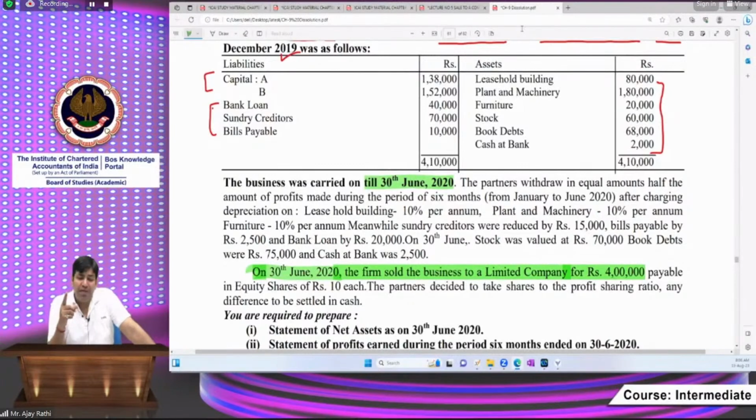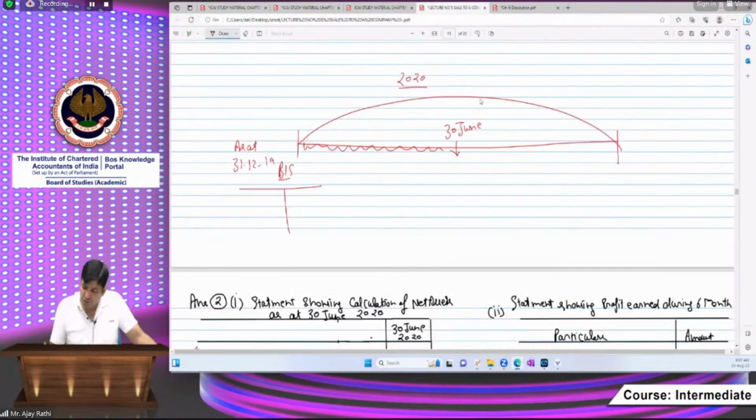So can you please tell me on which date the business has been sold to the company or converted into a company? Definitely that is 30th June. So beta, on this date, business was sold. Do we have the balance sheet of this date? No, we have to find out the balance sheet.